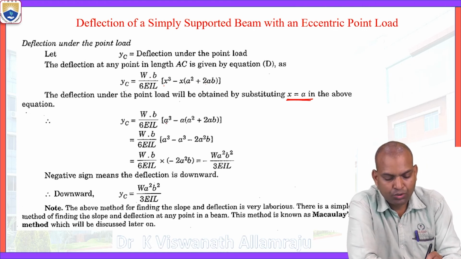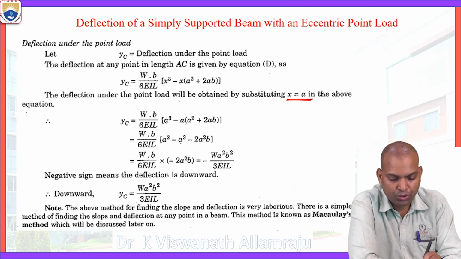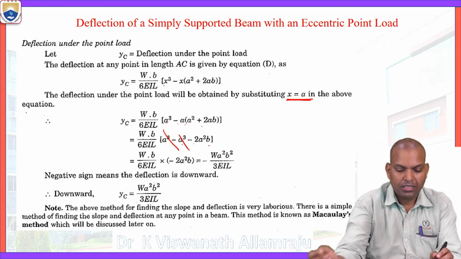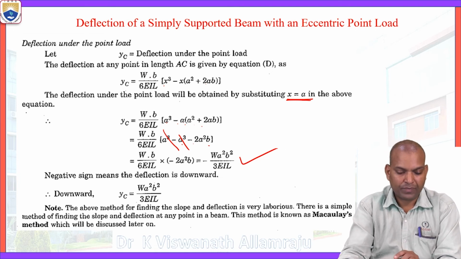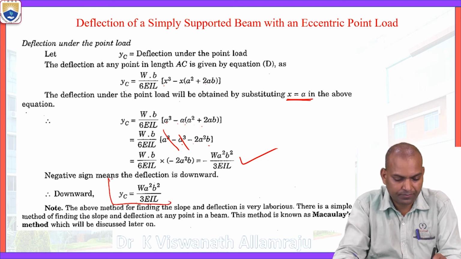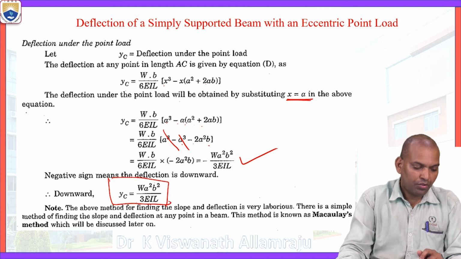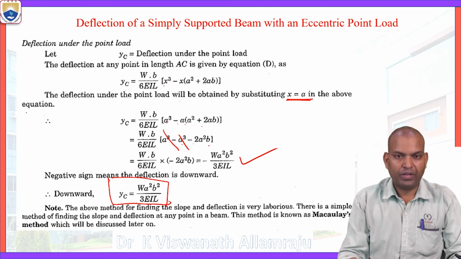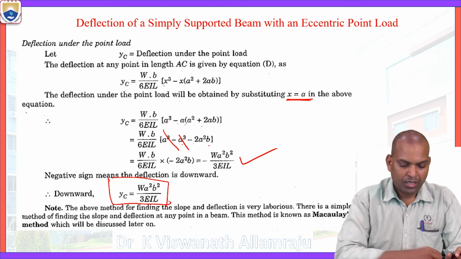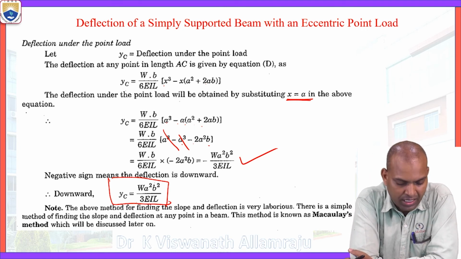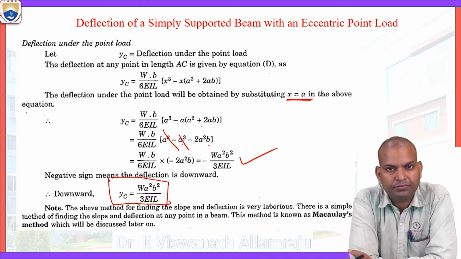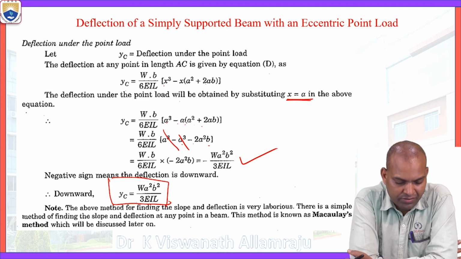So a cube minus a cube minus 2a square b, and both terms cancel, giving w a square b square by 3EI l. That is the downward direction here. So yc, the deflection at point C, is w a square b square by 3EI l, with a negative sign for downward direction.